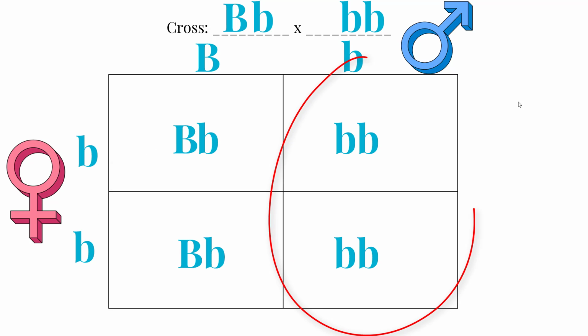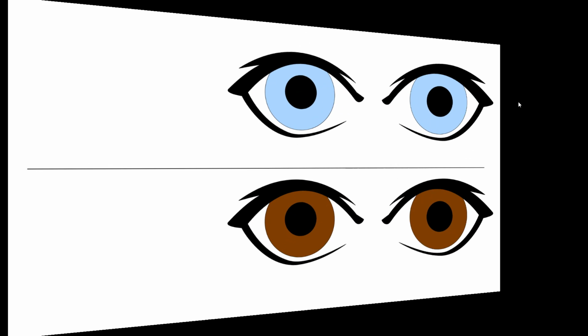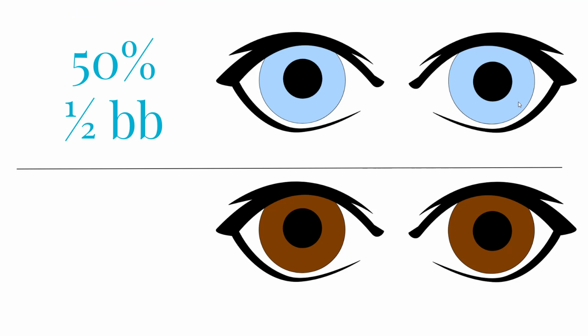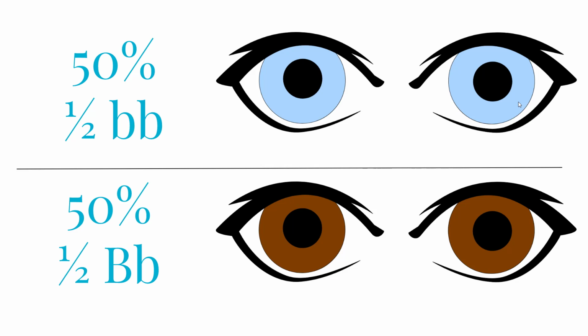There is also a 2/4 or 1/2 chance that they will be little b, little b, or have blue eyes. So there is a 50% chance of having offspring with blue eyes and a 50% chance of having offspring with brown eyes each time these parents reproduce.